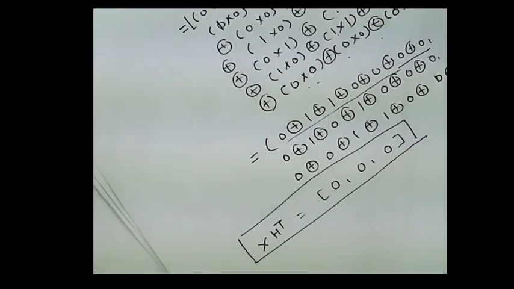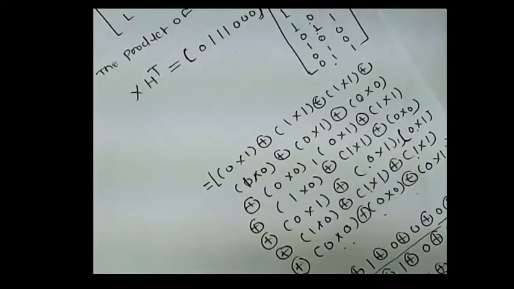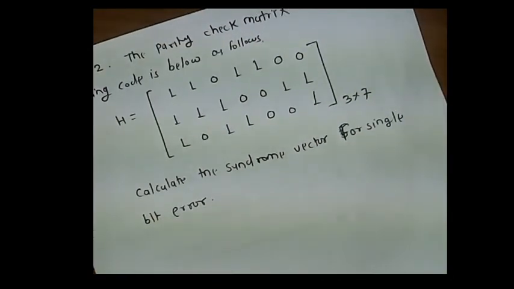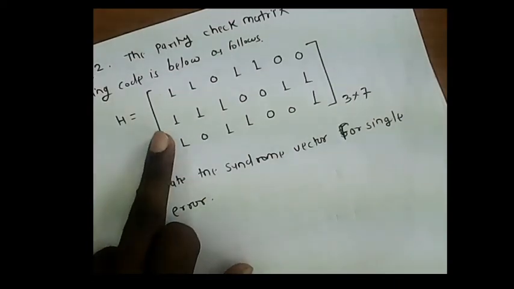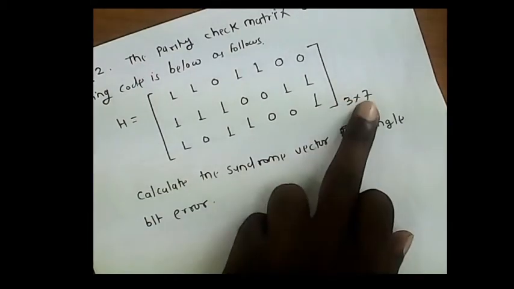Now we take another example for a better understanding of the syndrome and to calculate the error vector. In example 2, the parity check matrix of the (7,4) Hamming code is given as follows. The given parity check matrix has dimension 3 by 7.